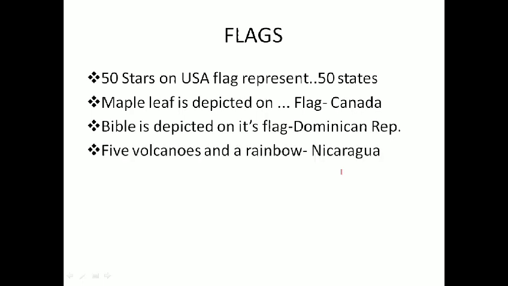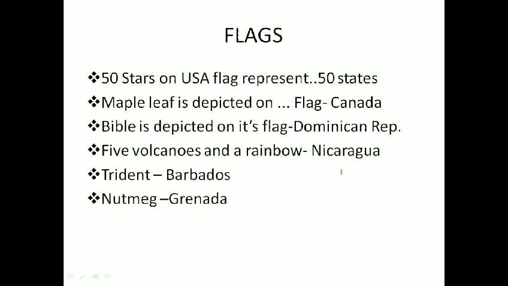5 volcanoes and a rainbow are depicted on its national flag. Remember, we are talking only about North America, not any other continent's countries. So 5 volcanoes and a rainbow you could see on this national flag, and that is Nicaragua. A trident, what we say a trishul, can be seen on only this flag, and that is Barbados.